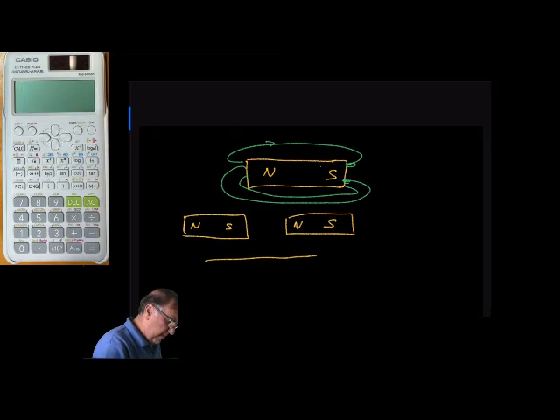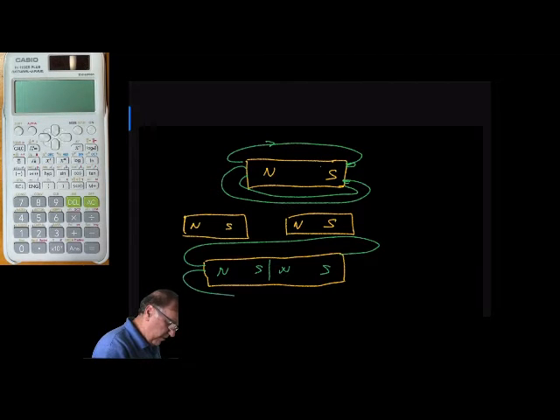Well, they will attach to each other because you've got a north and a south pole. They're opposites, so the magnets will stick themselves together. So it looks like this. And then the magnetic lines of flux will go around the combined magnets, like such.